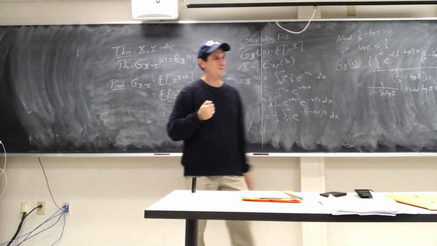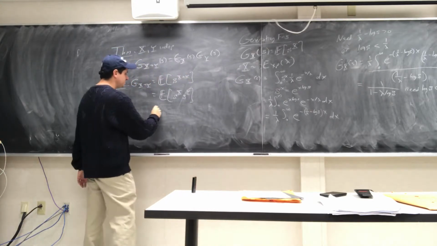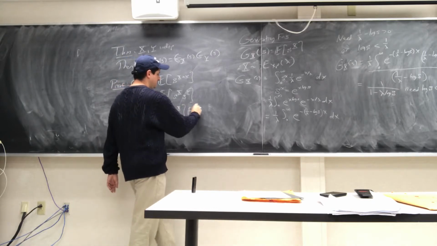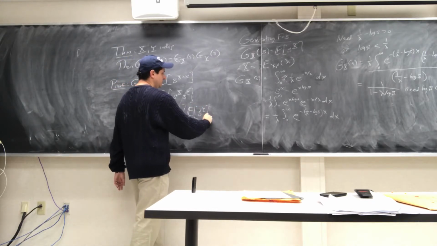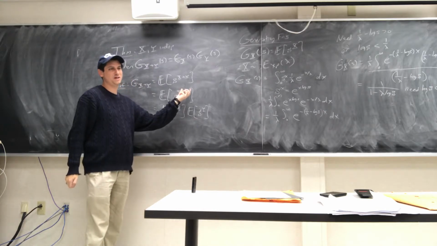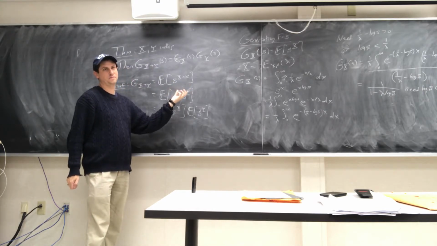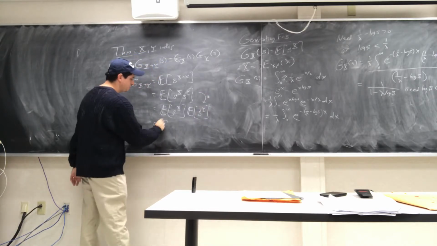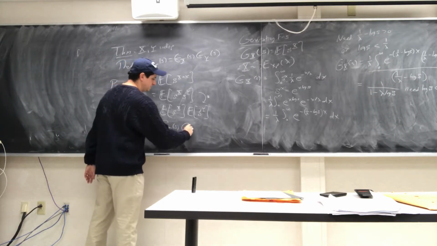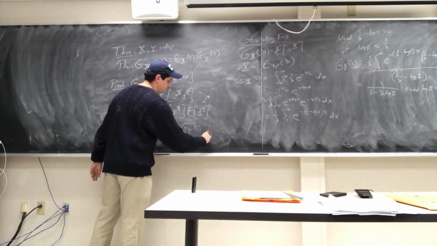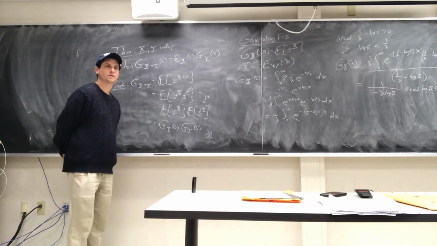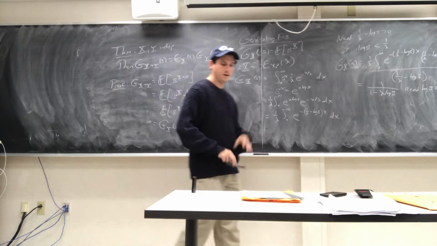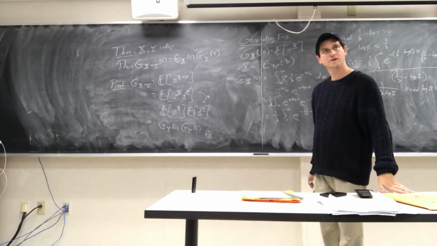Since they're independent, this is the same as the expected value of s to the x times the expected value of s to the y. Technically, you have to show that if x and y are independent, then so are s to the x and s to the y. So put a little star by that. And then this is just the generating function of x at s times the generating function of y at s. And we're done. So if you have independent random variables, the generating function of the sum behaves very nicely.